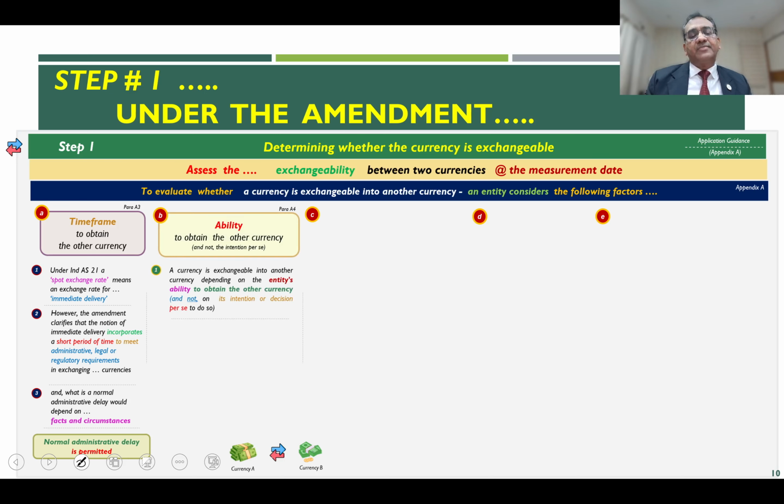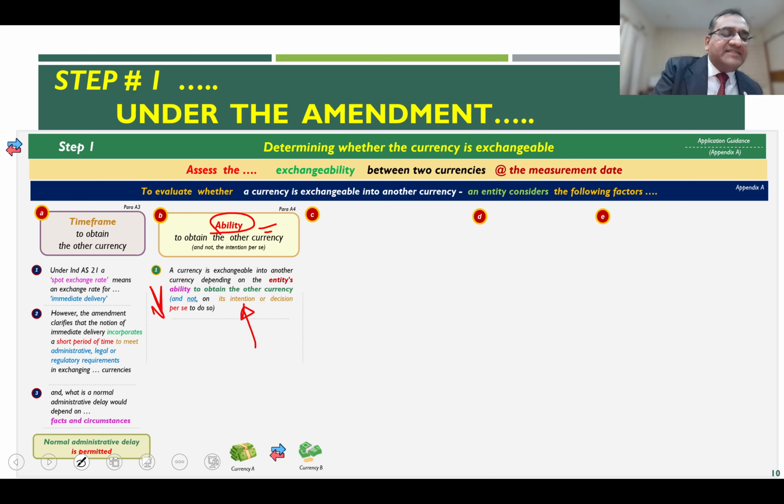Second point, paragraph A4 says that when you are assessing whether the two currencies are exchangeable or not, you only have to look at the ability and not the intention or the decision which the entity has made. You have to look at the ability of that entity to obtain the currency by way of exchange from another currency. So it is only the ability and not the intention or the actual decision whether they will actually do the conversion or not.